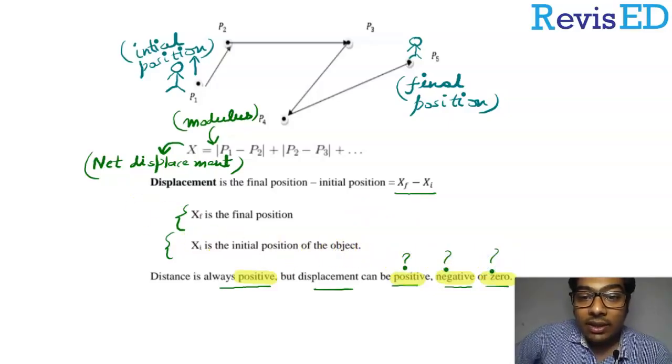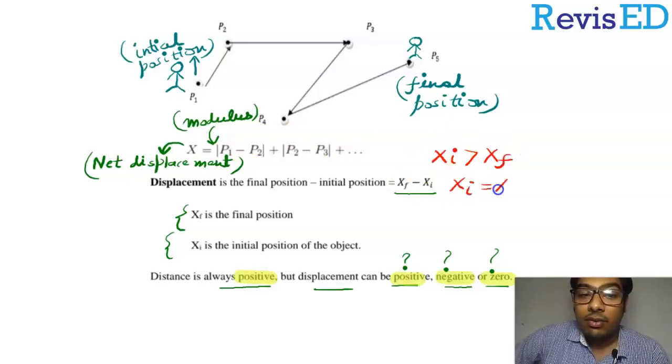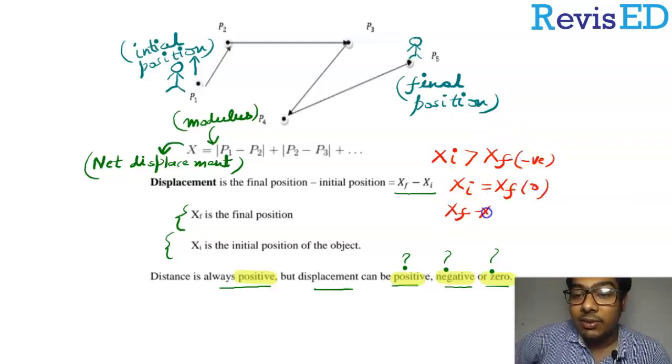Let us understand with this example. What is displacement? Displacement is mathematically xf minus xi, meaning final position minus initial position. If my xi, the initial position, is greater than the final position, then of course displacement will be negative, and if they are equal, our displacement will be zero.